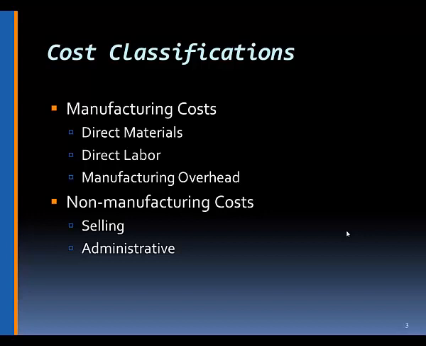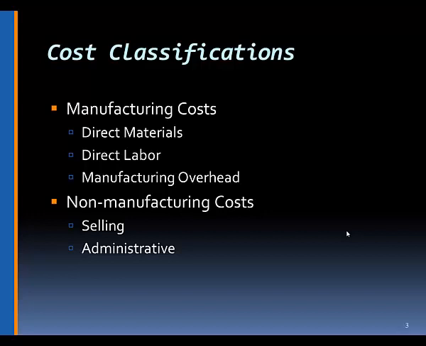Manufacturing costs are the costs that go into making up a product: direct materials, direct labor, and manufacturing overhead. Direct materials are the materials that go into making the product. For example, if we are making a desk, we probably have particle board, formica, casters, things of that nature.